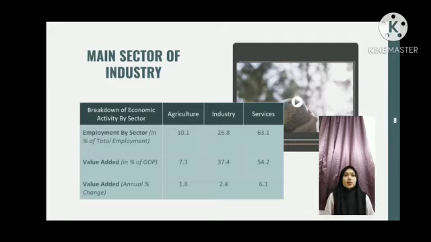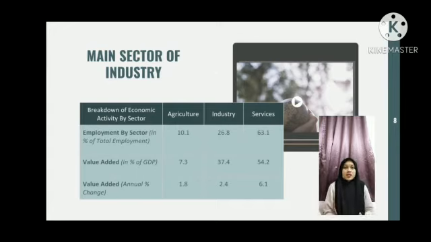Next, industry contributes around 37.4% of GDP and employed 26.8% of the active population in 2020. Malaysia is one of the world's largest exporters of semiconductor devices, electrical goods, and appliances, and the government has ambitious plans to make the country a key producer and developer of high-tech products, including software.